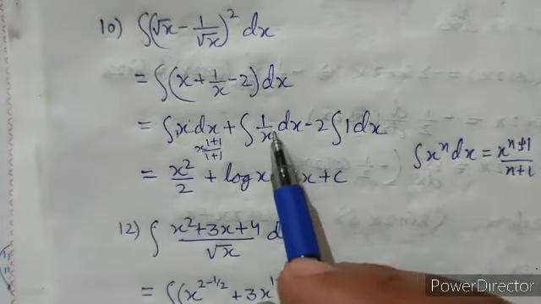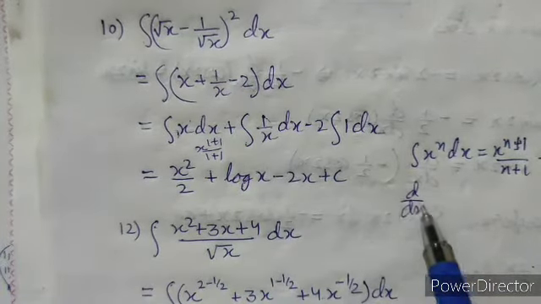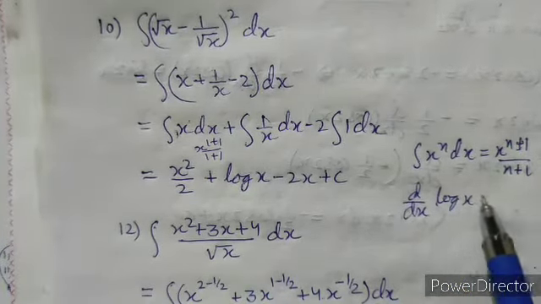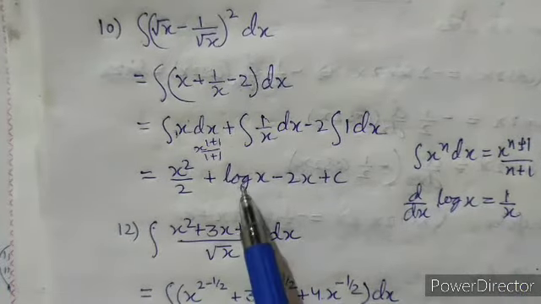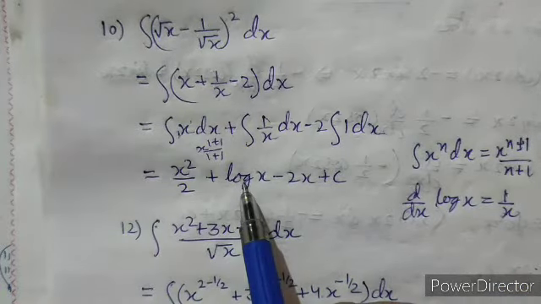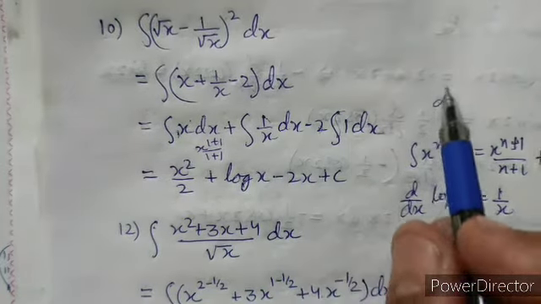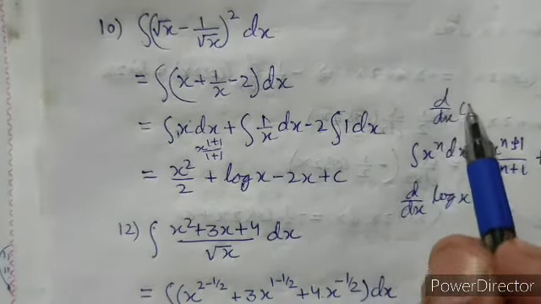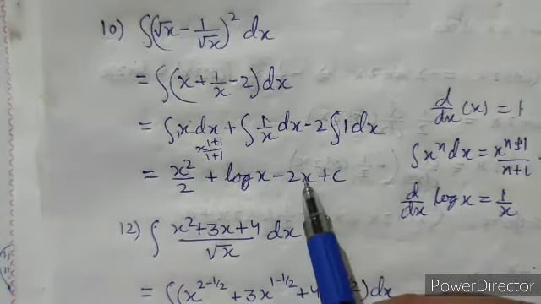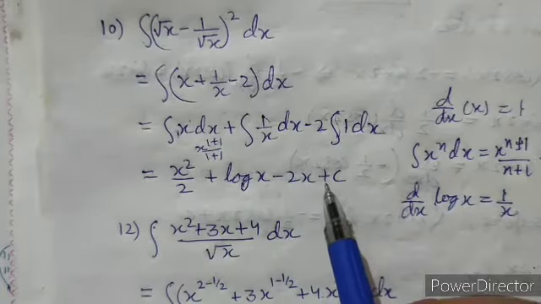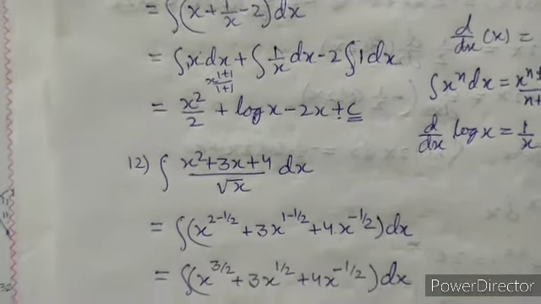Now d/dx of log x is equal to 1/x. So the integral of 1/x will be equal to log x, minus 2. Now the derivative of x is equal to 1. So the integral of 1 will be equal to x, and c is the constant of integration here.